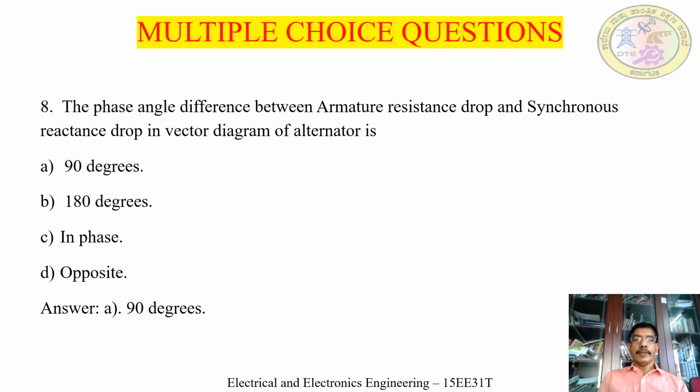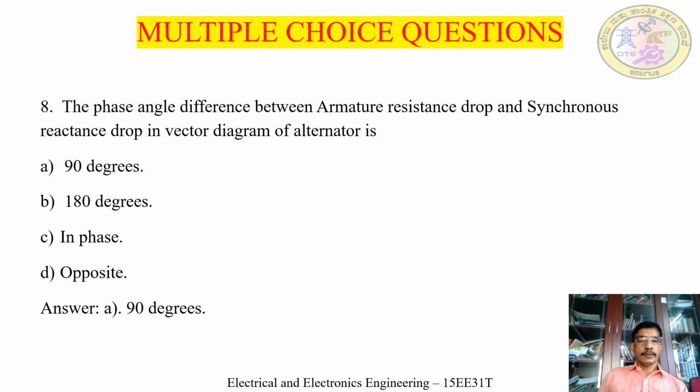The phase angle between the armature resistance drop and synchronous reactance drop in vector diagram of an alternator is 90 degrees, 180 degrees, in phase, or opposite. Armature resistance drop and synchronous reactance drop, IXS and IRA.